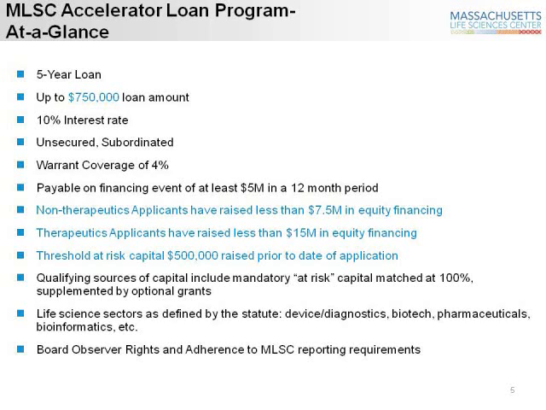So if you've raised $1 million, for example, in at-risk capital, then you are eligible for the full $750,000 amount. Any amount from $500,000 to $750,000, you may supplement with grants, any grants that you've received.